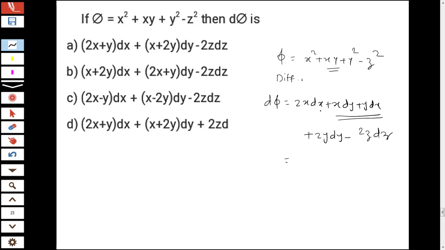So it is (2x plus y) dx plus dy terms (x plus 2y) dy minus 2z dz. So the answer is option A, (2x plus y) dx plus (x plus 2y) dy minus 2z dz.